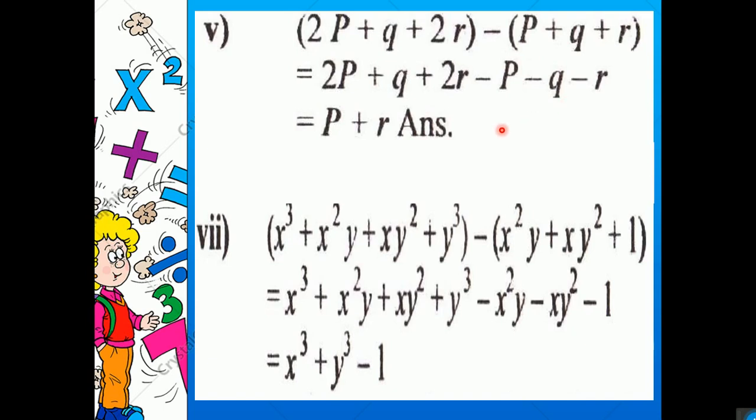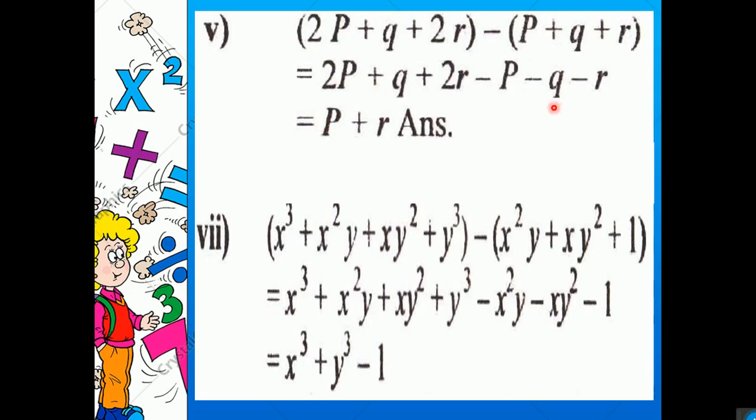Now adding the like terms. 2p and minus p, these are the like terms, so we can add them, adding their coefficients. Plus 2 minus 1, we will get plus 1 and p as it is. So coefficient of p is 1.